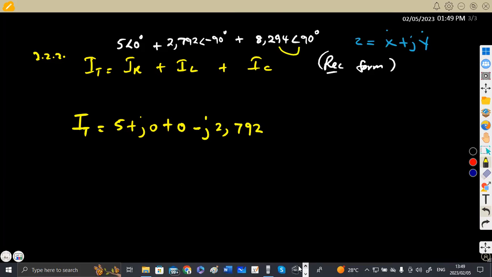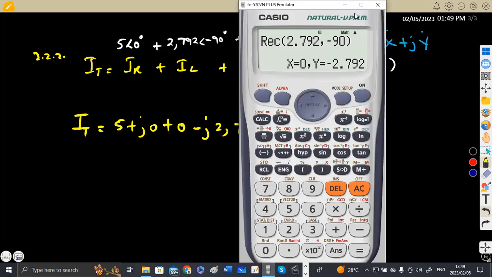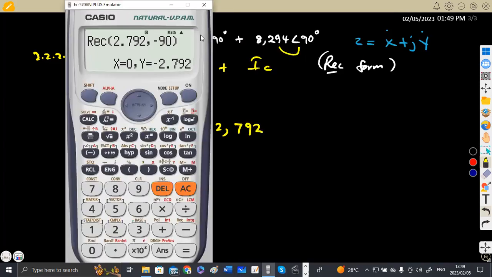Okay, you move on to the current in the capacitor again. You convert to Cartesian form. You do the same, shift rec, sorry, we need to convert to rectangular form. All right, so let me do this, guys. Sorry for this. We are going to do the same, shift, we convert to rectangular form. 8.294, then shift comma, which is 90 degrees. So our x there is 0.